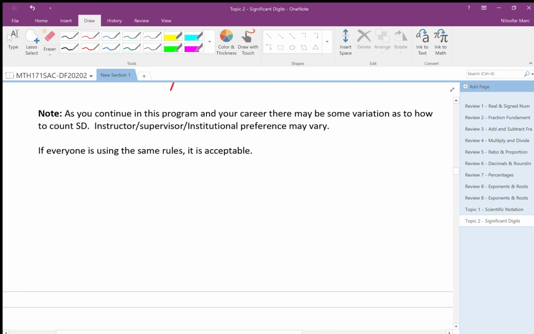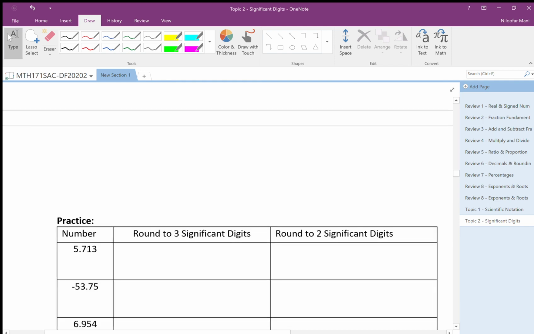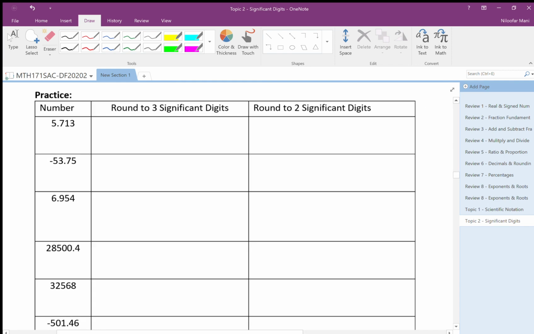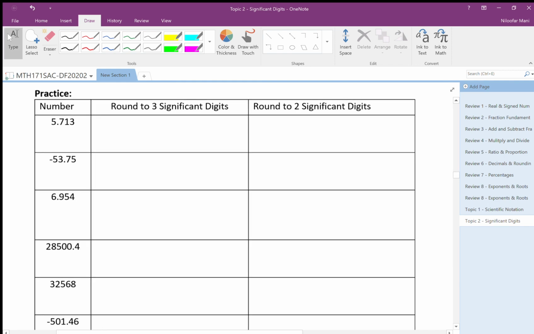I know there are many other ways of rounding that people use in other countries, companies, or courses, but we just follow our own way. If everybody in the same class or company does it differently, that's acceptable and you have to follow that. You just have to ask what the way of rounding is.